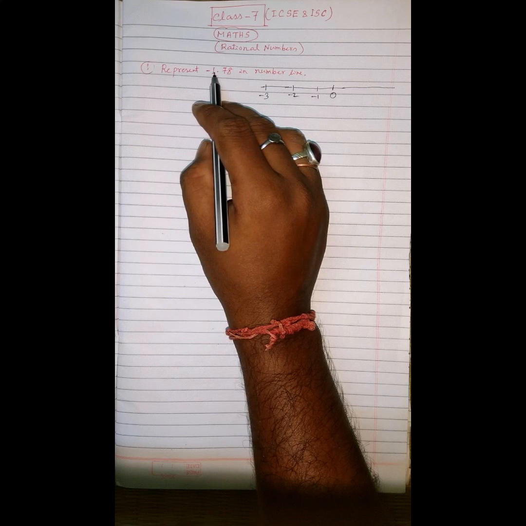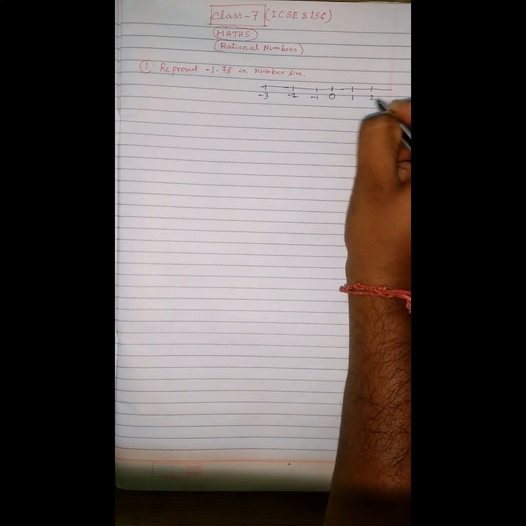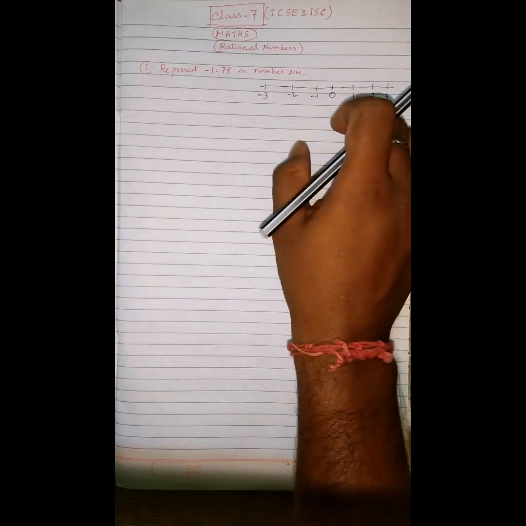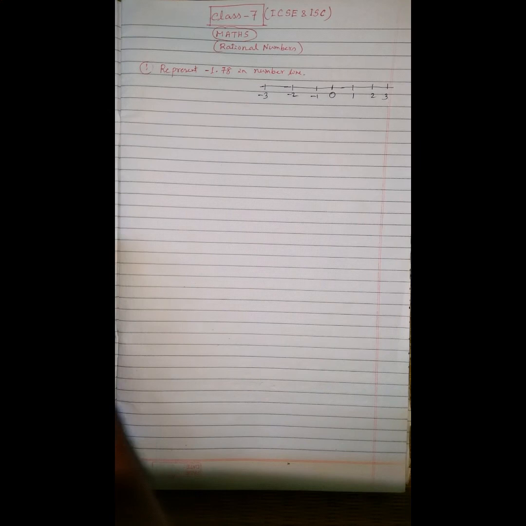It is not necessary to take more numbers because here is minus 1.78. Here is plus 1, plus 2, plus 3. Now you should know where minus 1.78 will lie.